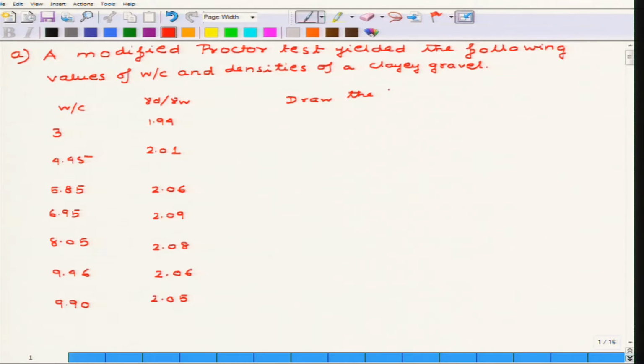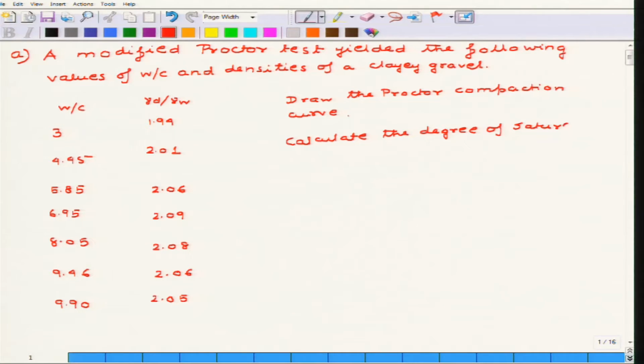the Proctor compaction curve and calculate the degree of saturation, that is SR, corresponding to optimum condition.